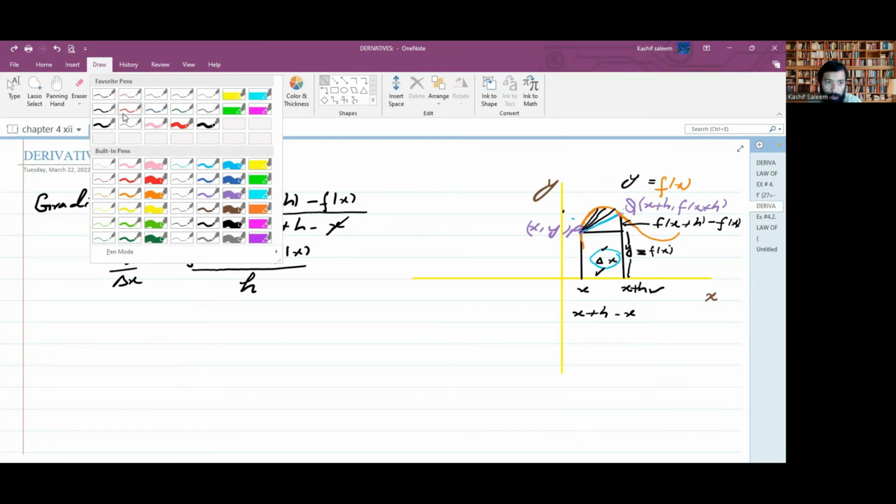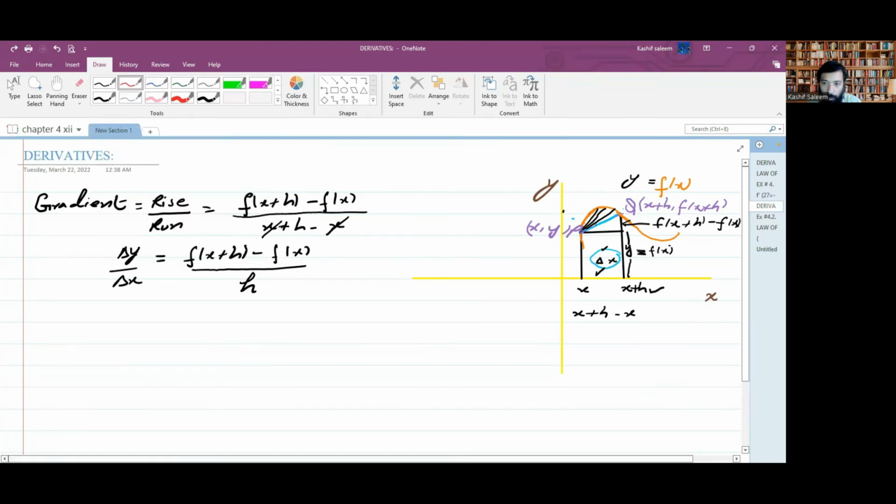So this line will become the tangent at point P. This value will become the gradient of the line at point P. How can you do this? You have to adopt the method of limits.